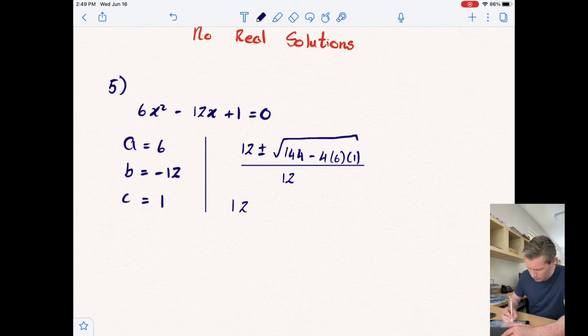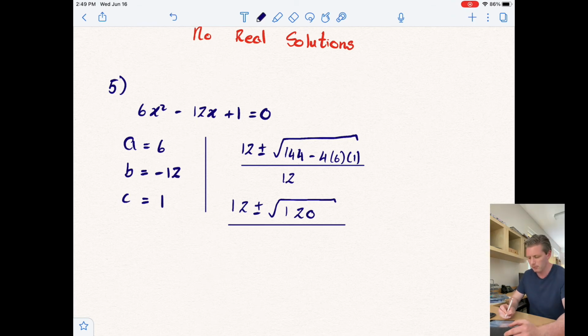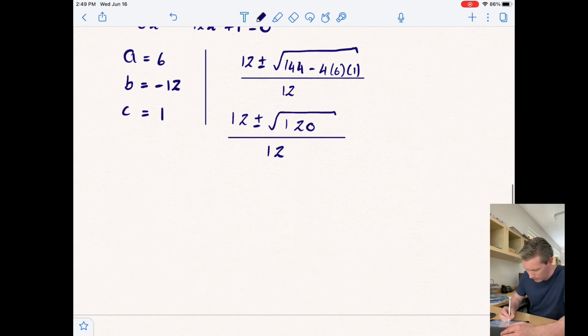And so I have 12 plus or minus the square root of 144 minus 24. So that is the square root of 120. I have a positive value underneath my square root sign this time, so I'm fine. I will have real solutions.